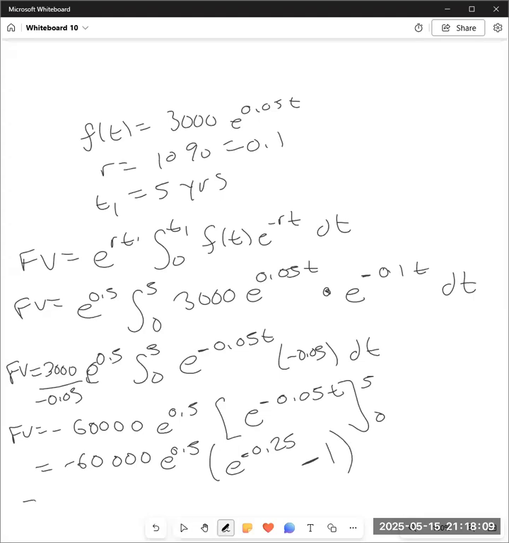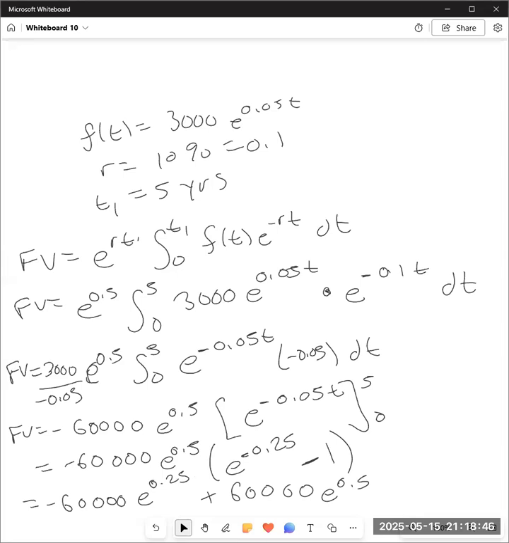So that's going to be negative 60,000 e to the, let's see, 0.5 minus 0.25 is 0.25. Plus 60,000 e to the 0.5.